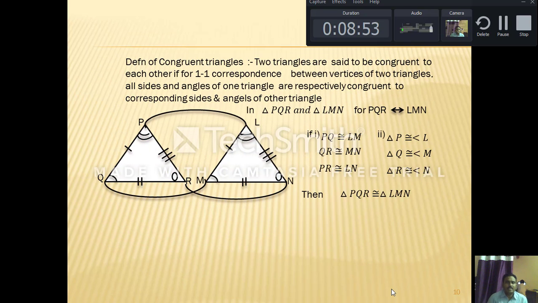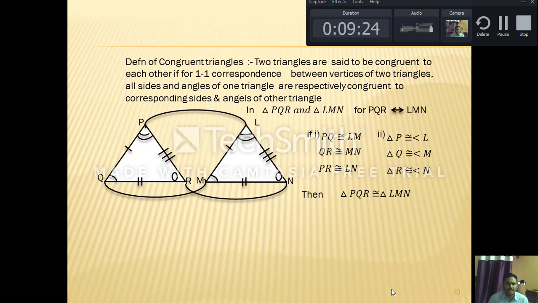Then we will come to the definition of congruent triangles. Before this, in Observe and Explore, we saw figures of same size and same shape. Before defining congruent triangles, we should know the 1-1 correspondence between the vertices of two triangles.